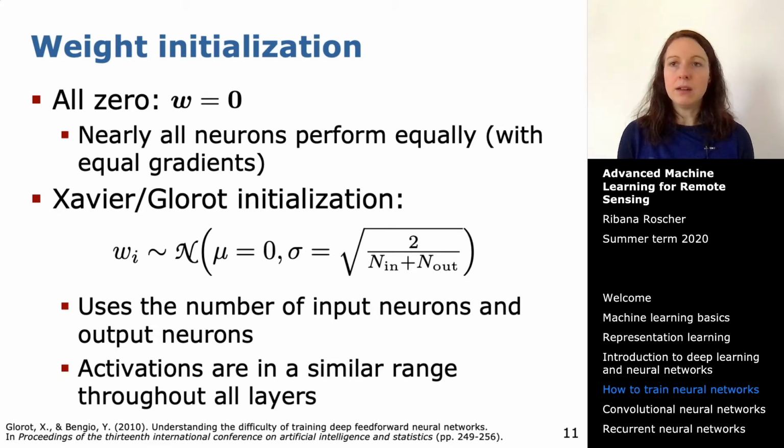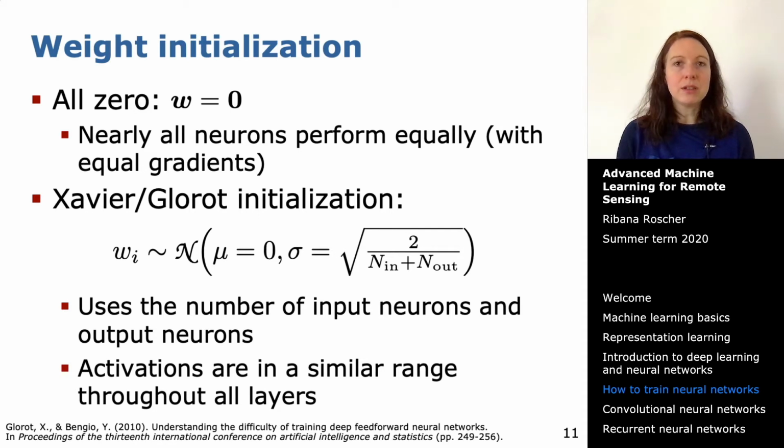When you think of the loss landscape, it's very unique, and at each point you do not have a similar behavior in every direction. What you want is a gradient update in each direction in a specific way, but this is hard to accomplish when you start with the same value. So this is also not a good choice.